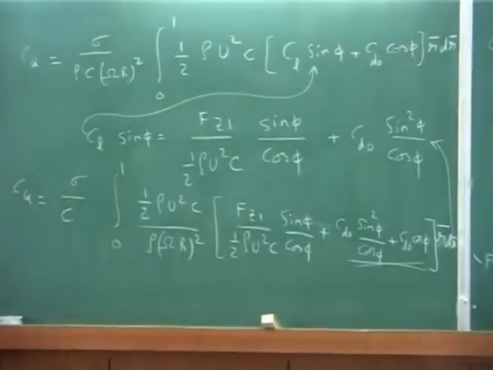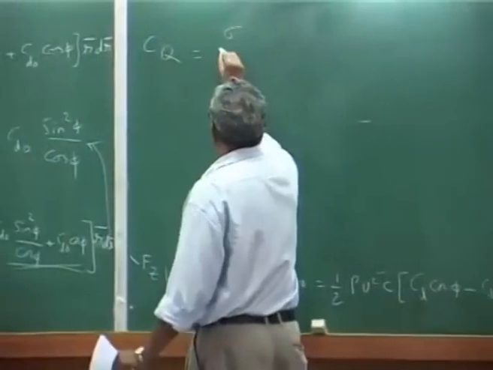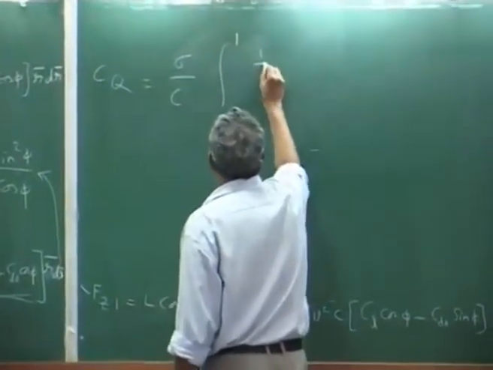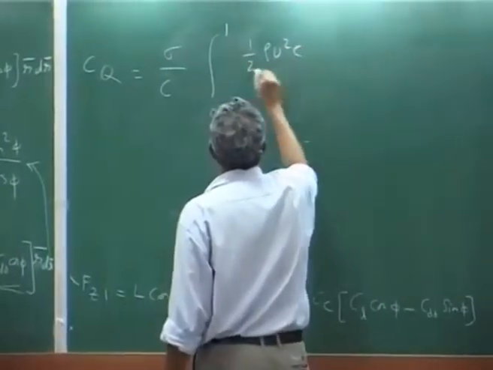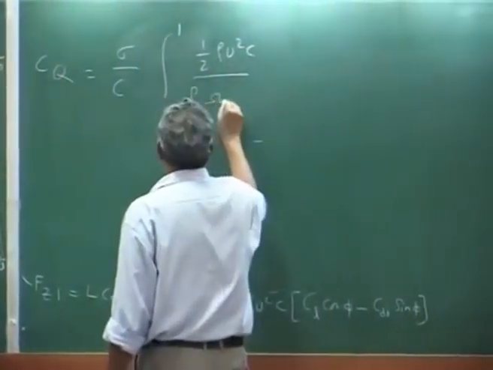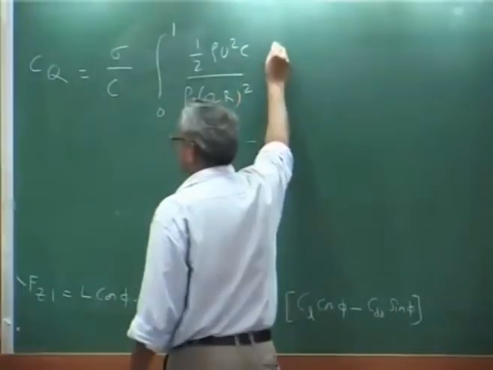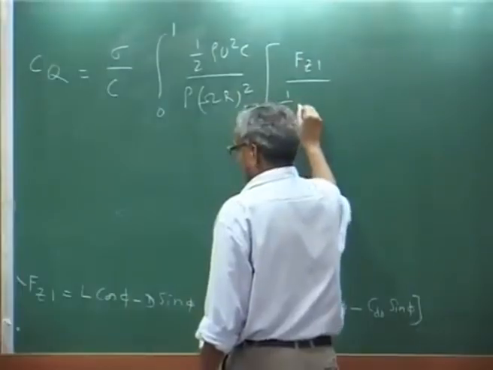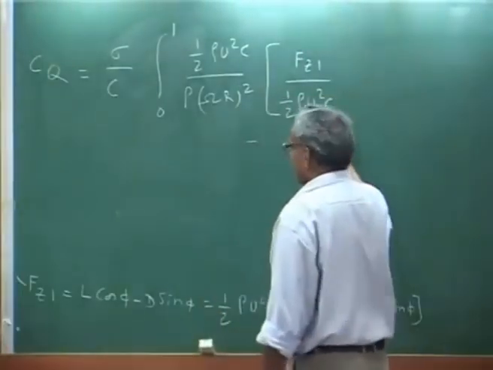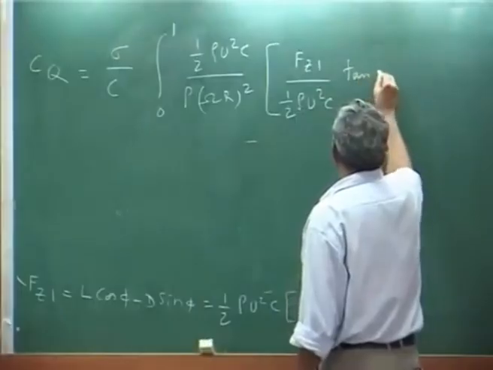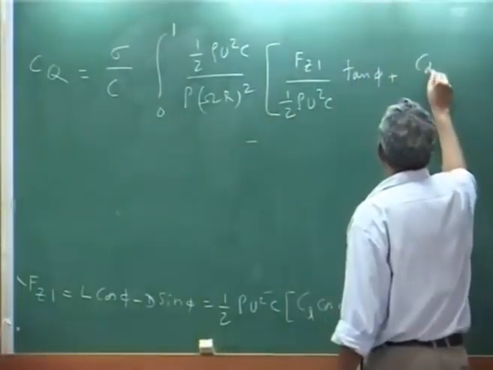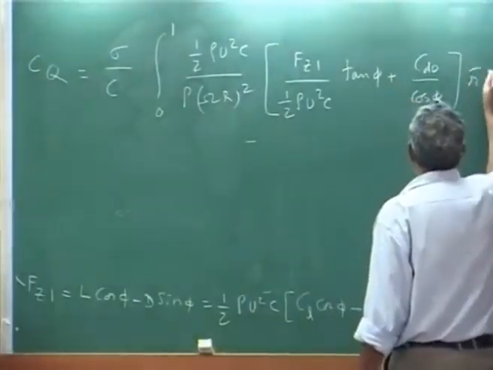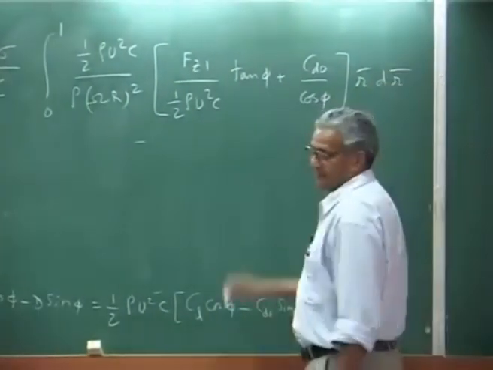So your C q will become sigma over C, over half rho u square C, this is tan phi plus C d 0 cosine phi.